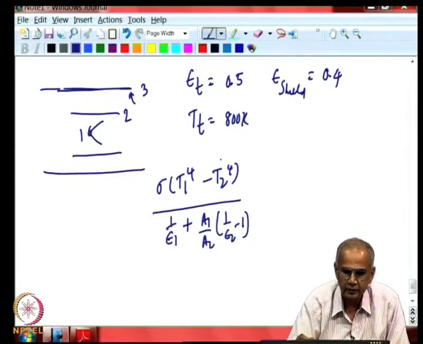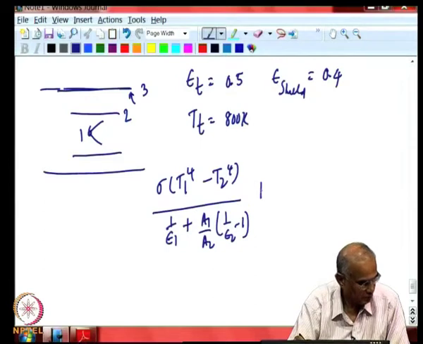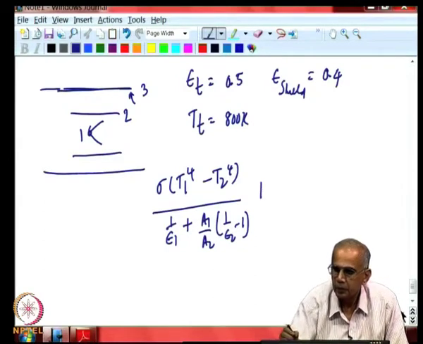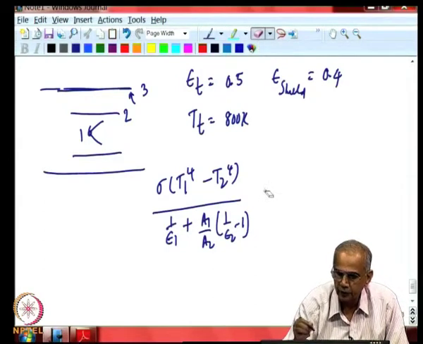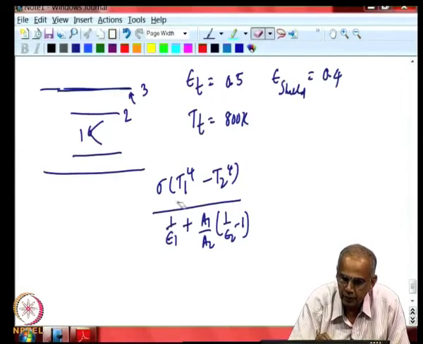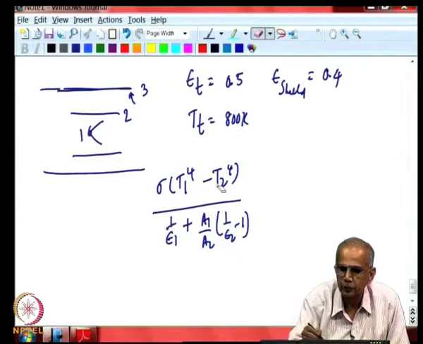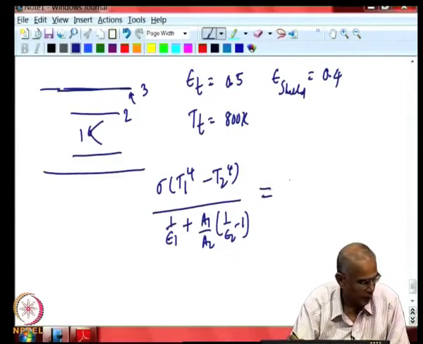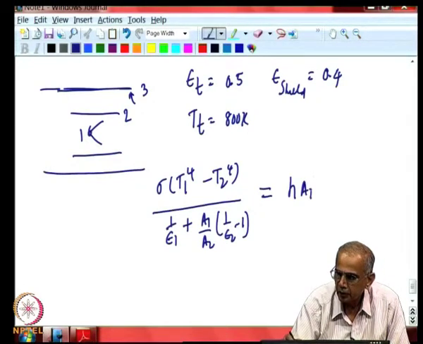This is heat transfer rate, so this is equal to this radiant transfer from the thermocouple to the shield has to be equal to that from the gas to the thermocouple.